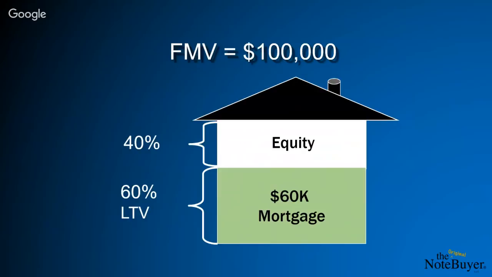And obviously, the remaining equity would be 40%. So this tells us that there's $40,000 of extra value that is protecting this $60,000 mortgage. Another way to look at that is, if the value of the property dropped, it could drop by 40%, and you could still sell the property for enough to cover what is owed on it.